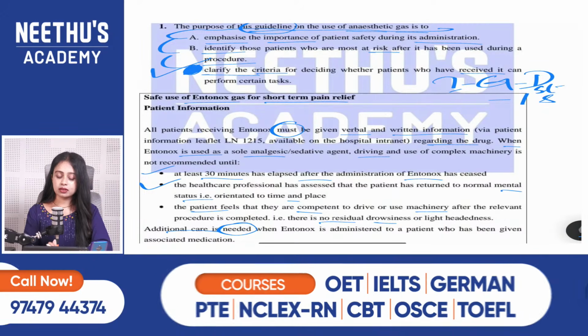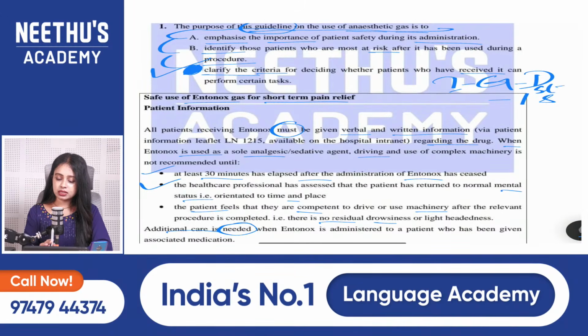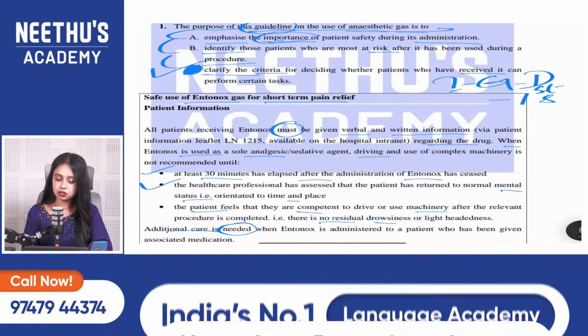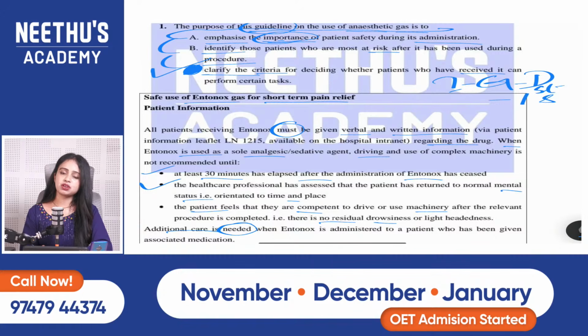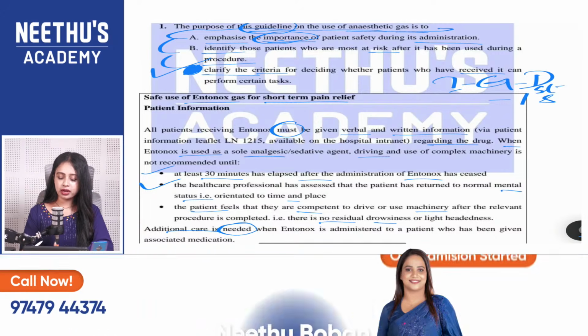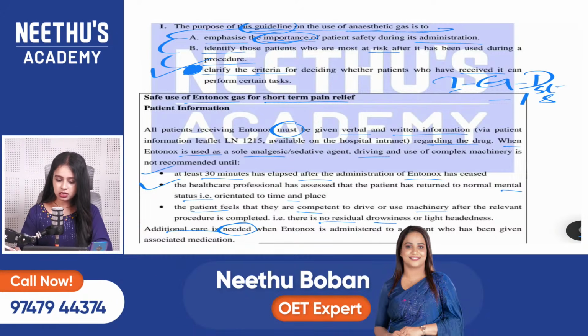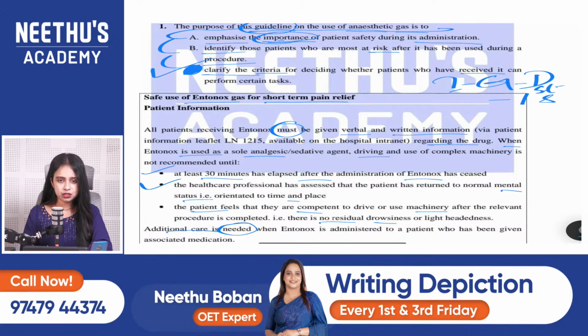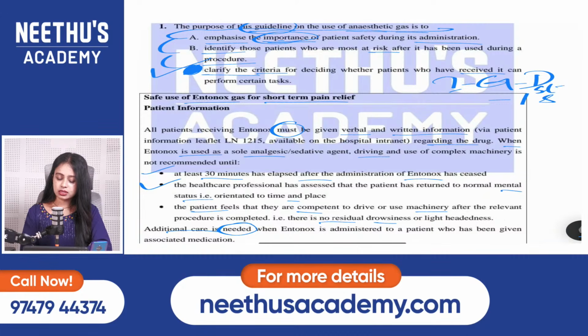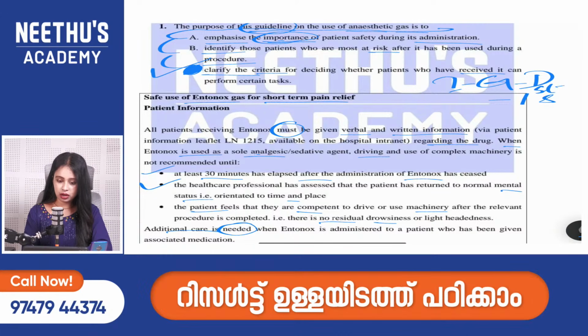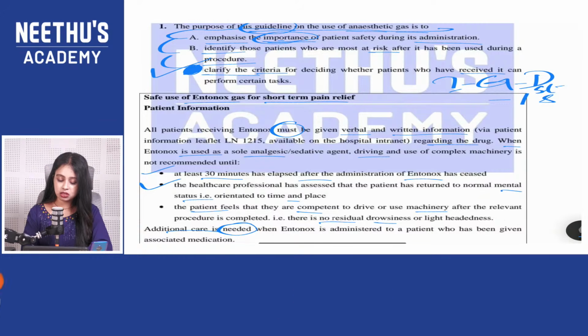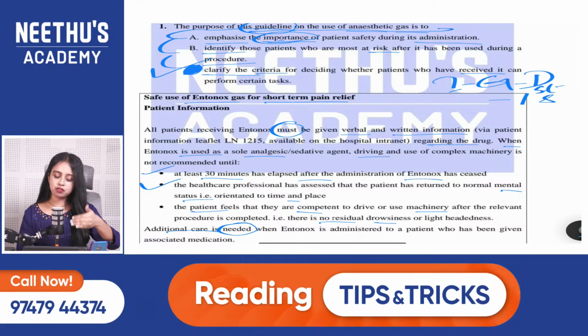Alright. Then, what about option A? Anesthetic gas is to emphasize the importance of patient safety during its administration. Where is it mentioned that while providing this particular medicine or gas, we are just looking for patient safety? See, as you can see here, when Entonox is used as a sole analgesic or sedative agent, driving and use of complex machinery is not recommended until, and then they have mentioned some set of criteria here.